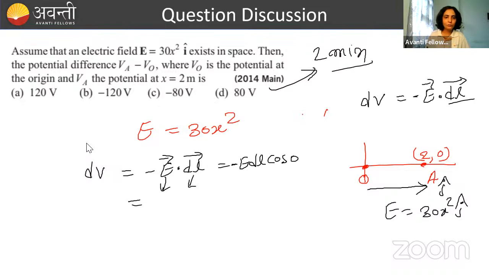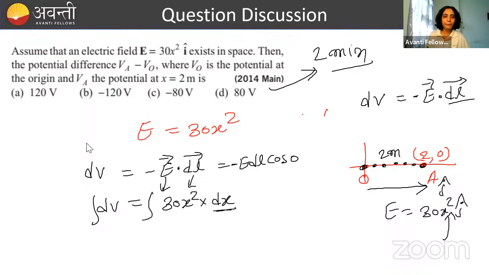Now let's put the values. Value of E is 30x square. Displacement को dx ले लो क्योंकि displacement is happening in the x direction. Done. I'm not exactly writing displacement as 2 meter directly. क्यों? क्योंकि electric field is not constant at all value of x. Electric field is varying with x. So we will write dl as dx and then we will integrate to get the dV.